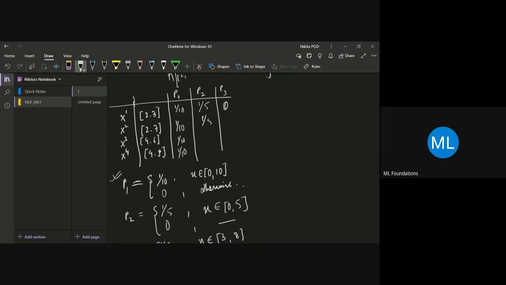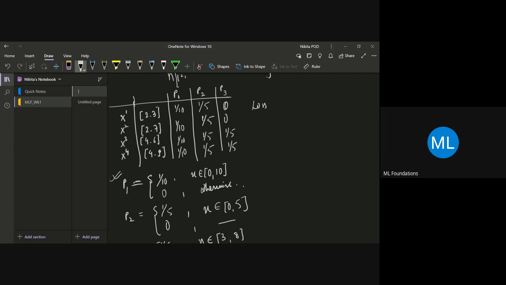So you have computed P1, P2, and P3 for this whole data set. Now you need to check which probabilistic model is better, and for that you will check the loss function.